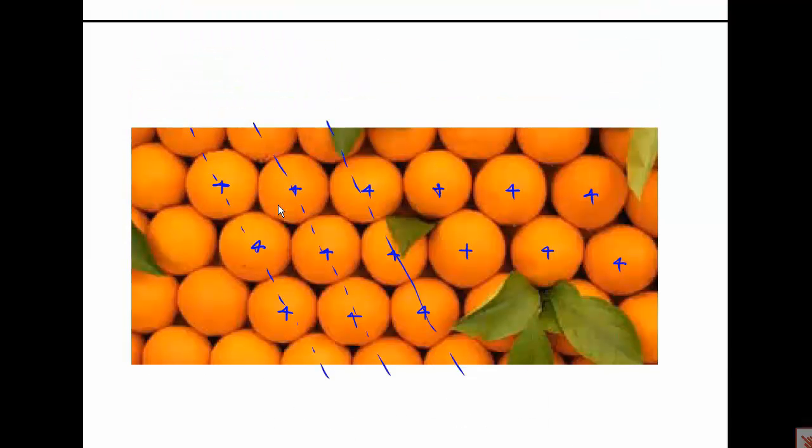Let's have a look at our oranges. You see that the crosses I have placed upon the centers of each orange form part of a lattice. It would only be a lattice if we looked at an infinite plane of oranges, but we can imagine that these blue crosses form part of a lattice. If we go in one particular direction, let's say directly towards the right, we can see how the lattice points repeat in a regular manner.